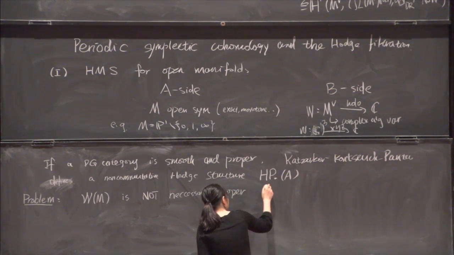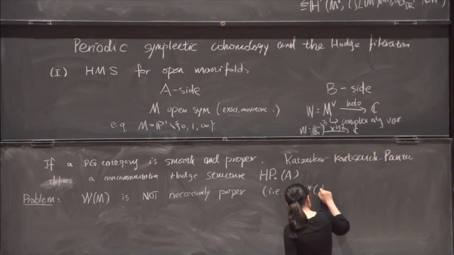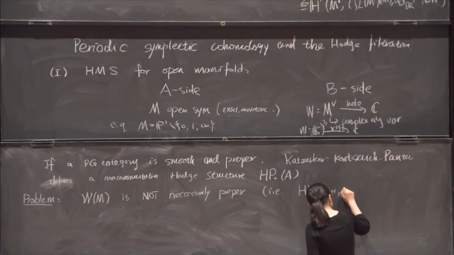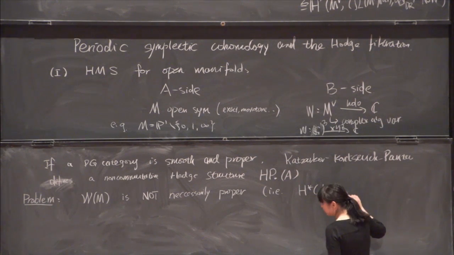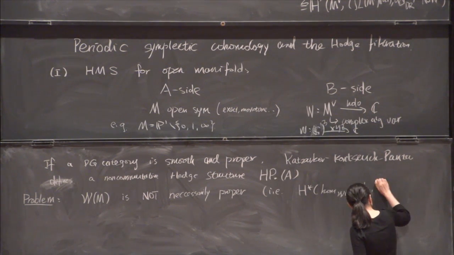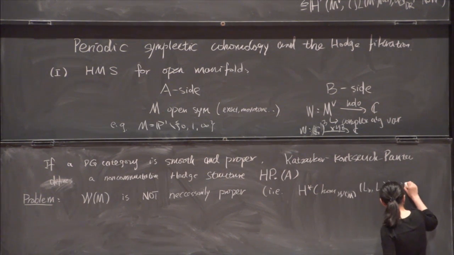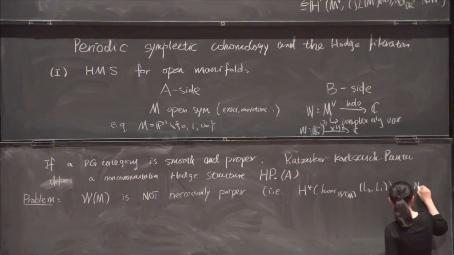This means that if I look at the cohomology of the Hom inside this category between two objects, this is not finite dimensional.